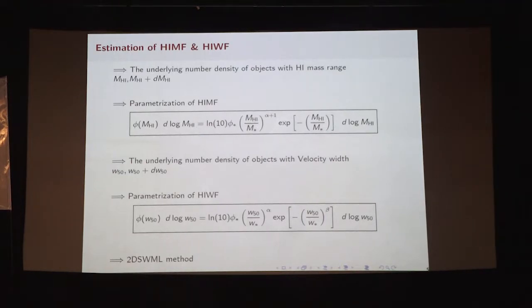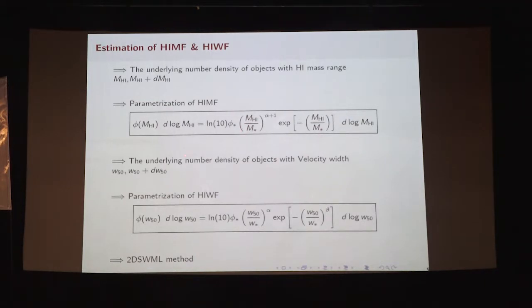So to do that, first I will start with the definition. The H1 mass function can be defined as the underlying number density of galaxies with H1 mass between MH1 and MH1 plus dMH1. And this can be parameterized using a 3-parameter Schechter function with this form, where phi star is the amplitude, alpha is the slope at the low mass end, and M star is the characteristic mass or knee mass.